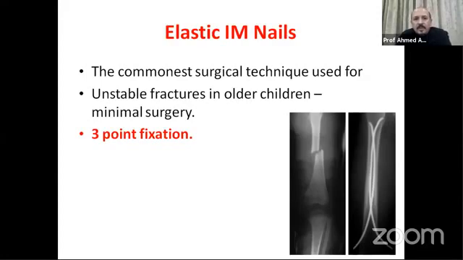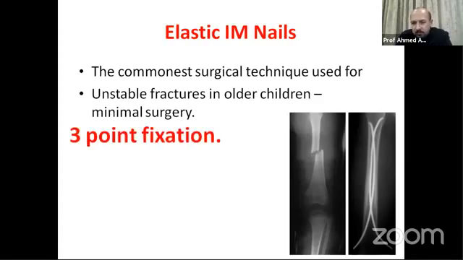It is a minimally invasive surgery, but it's very important to remember to put it in the form of 3-point fixation, like this X-ray, not to have two Ender nails or two K-wires or Rush pins from one side of the bone. The 3-point fixation is very important in this technique.